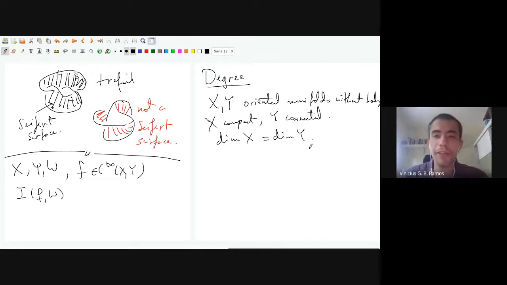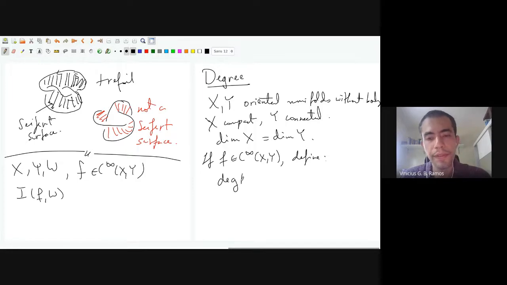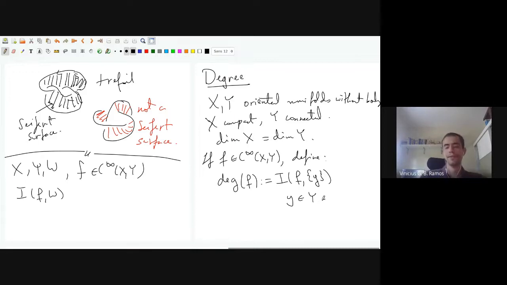So then we can define what's called the degree. If f is a function in C infinity of X, Y, we define the degree of f to be the intersection of f with a point y, where y is some point in capital Y. Okay, so this is just a particular case of the index, but it's going to be something that appears a lot, the degree.